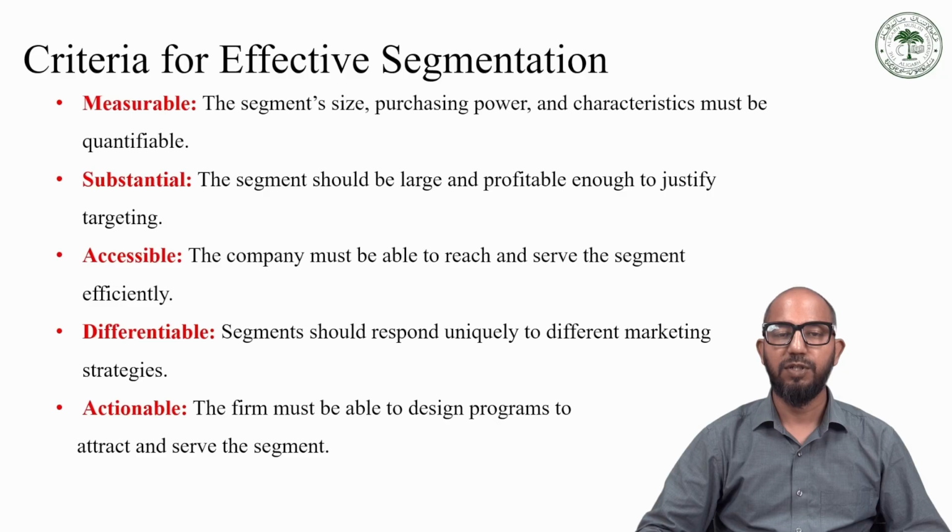The segmentation should also be accessible, which means the company must be able to reach and serve this segment efficiently. The next is it should be differentiable, which means that segments should respond uniquely to different marketing strategies. And finally, effective segmentation should be actionable. That is, the firm must be able to design programs to attract and serve the segment.